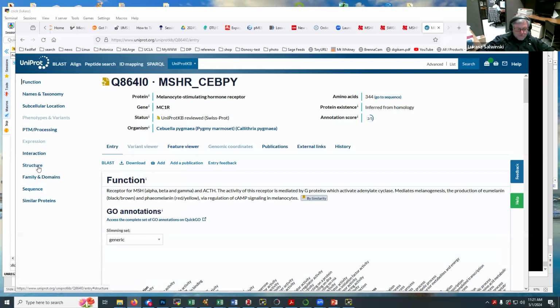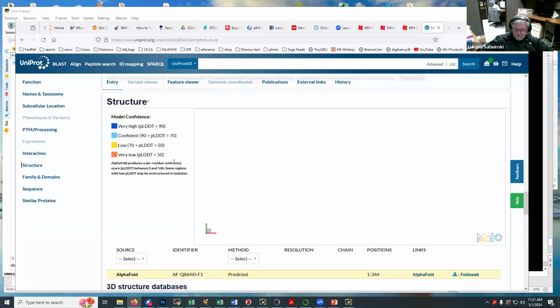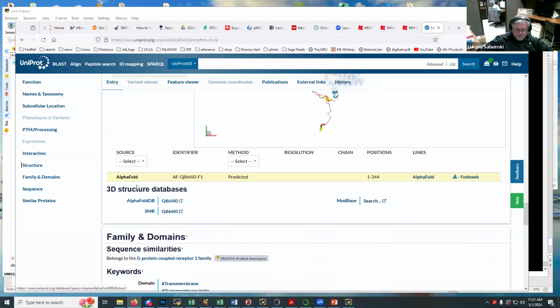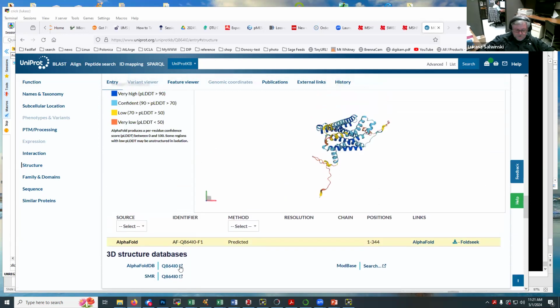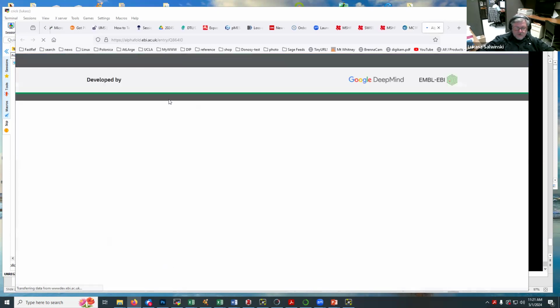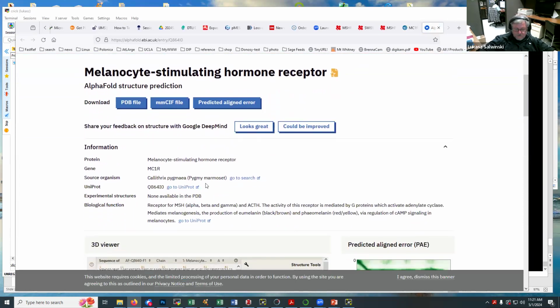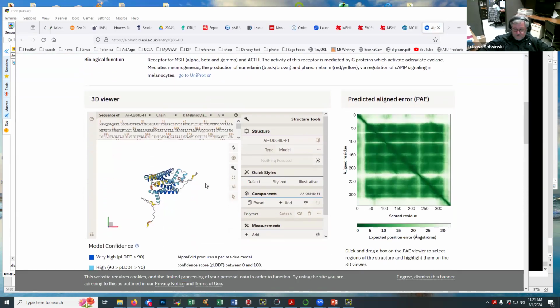And if we go to structure, we can go to our AlphaFold prediction. You can see it either here, or we can go to the actual AlphaFold database to get the structure. We should have the model here in a moment. Here's more information.